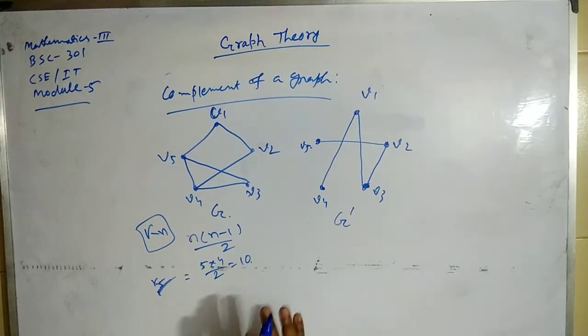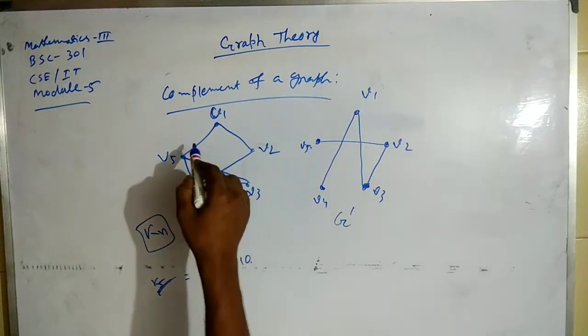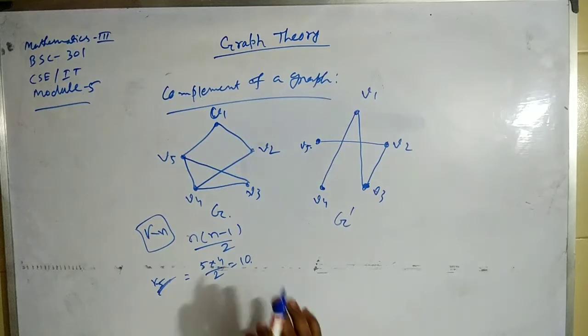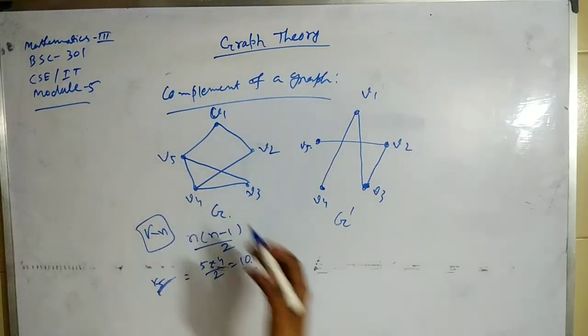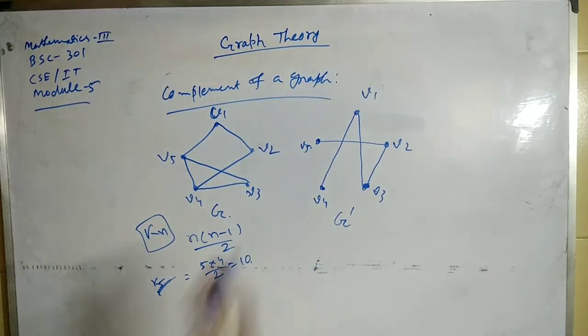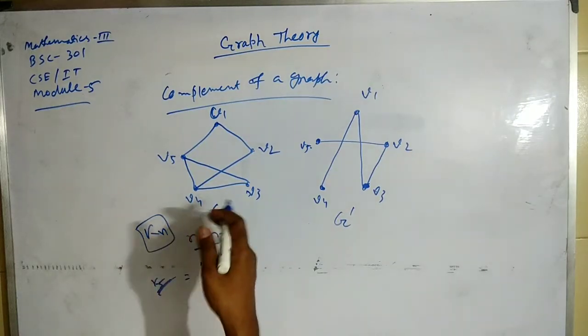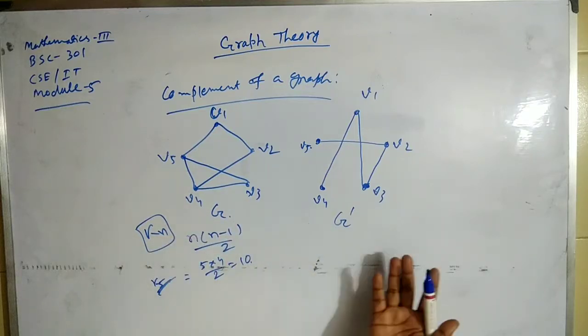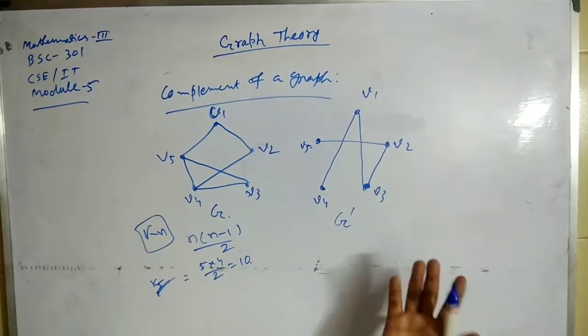So there are 10 edges in K5. Here there are 1, 2, 3, 4, 5, 6 edges. So there are 4 edges which are not present in this graph, and those 4 edges stop this graph G from being complete. So these 4 edges will be present in the complement of this graph, and these are the 4 edges.